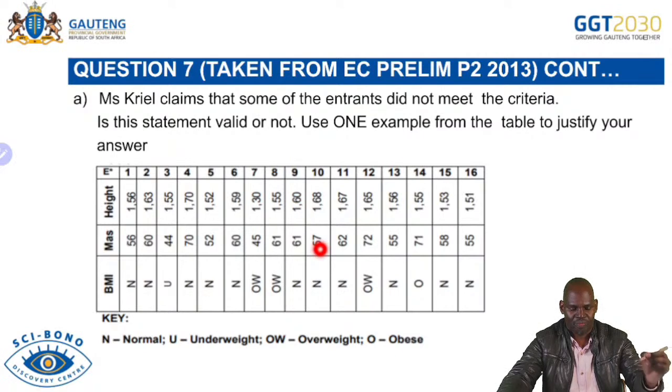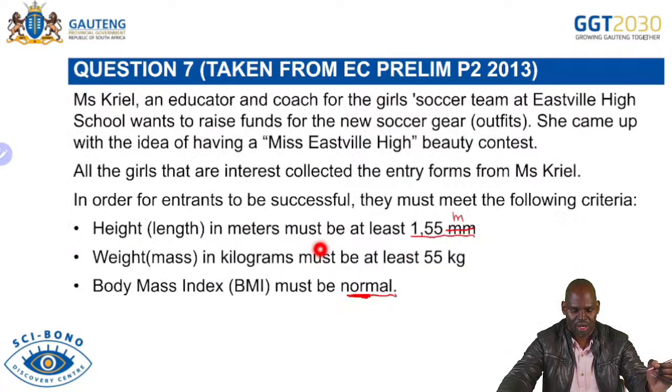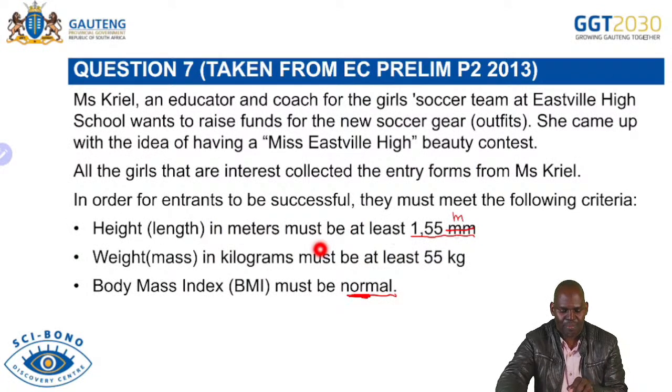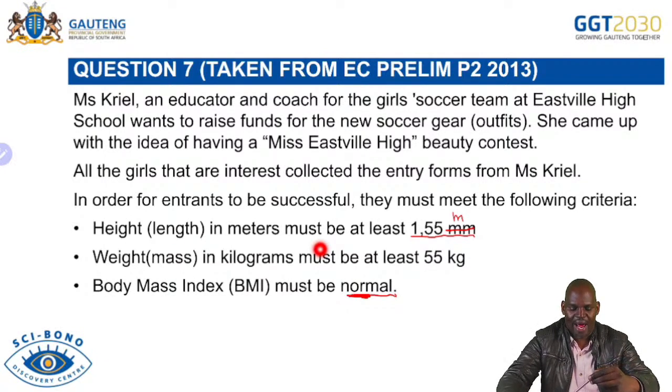Now if you remember the criteria, if I take you back, the height must be at least 1.5 meters. The weight must be 55 kilograms. The body mass index must be normal. So for an entrant to qualify, they must meet all these requirements.